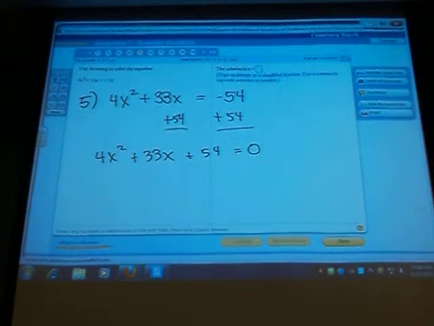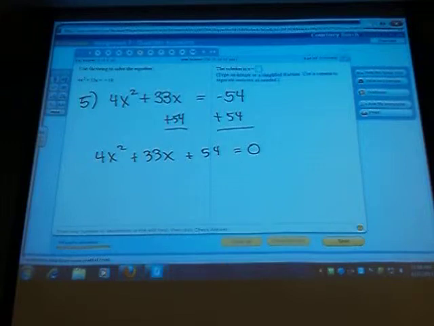And then I can start trying to factor. Another thing I might want to look for is if I can take out any greatest common factors. But it looks like that 33 is kind of messing that up, so I can't take out a 2 or a 4 or anything.